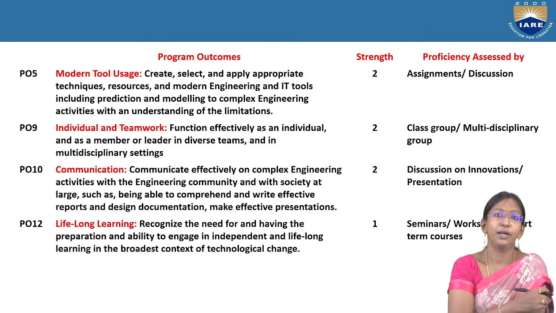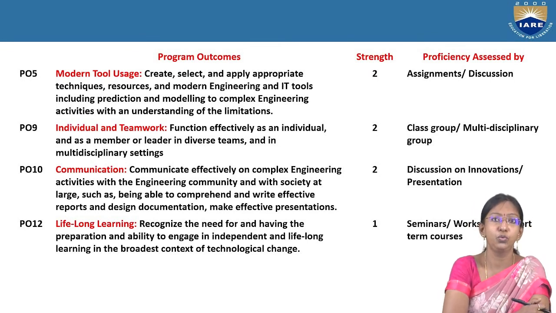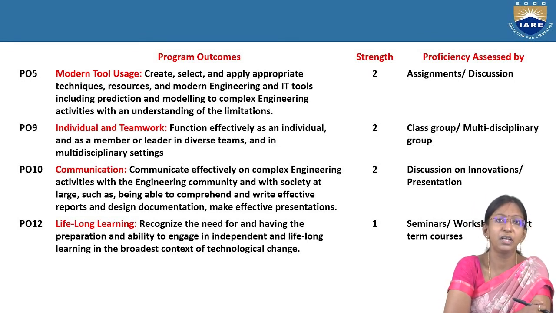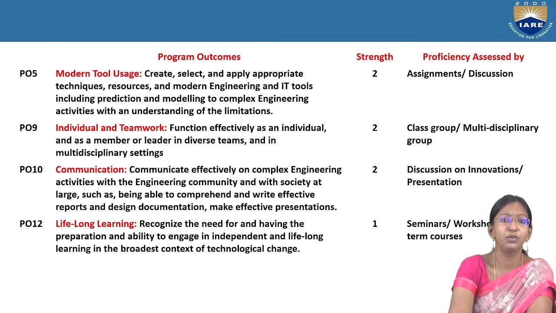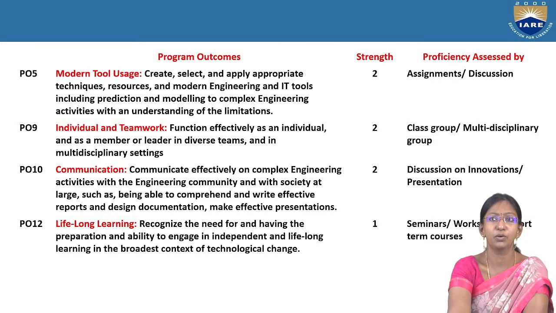Coming to PO5, that is modern tool usage. Modern tool usage covers the basic techniques and the IT tools which we are going to use. Basically, the programming language which I am going to use is Python. The strength is 2, and using assignments and discussions, we are going to achieve proficiency.